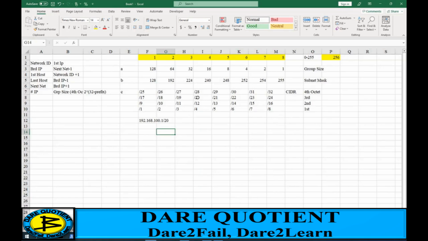This is /20 right here. That we know we're dealing with the third octet. So when we're dealing with this IP, we know we're dealing with this 100. That is our area of focus or our area of interest with regards to subnetting.